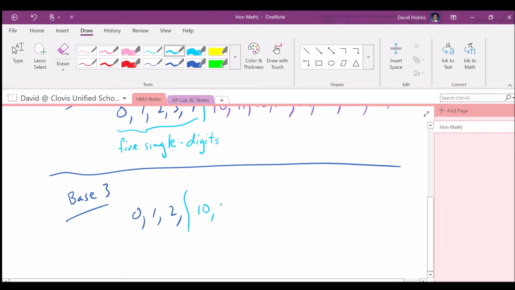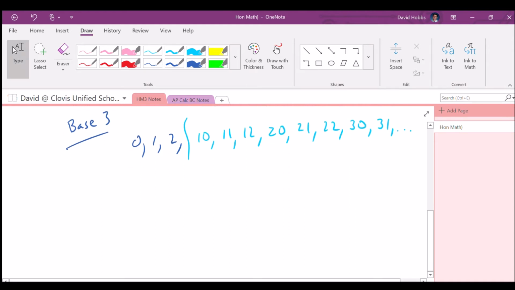Here's a 3, 4, 5, 6, 7, 8, 9, 10, and so on. Base 3.